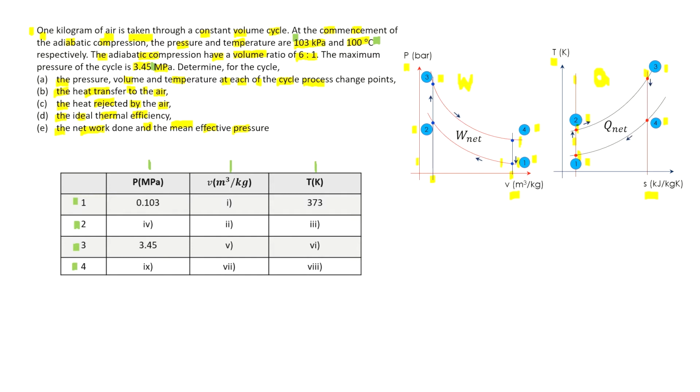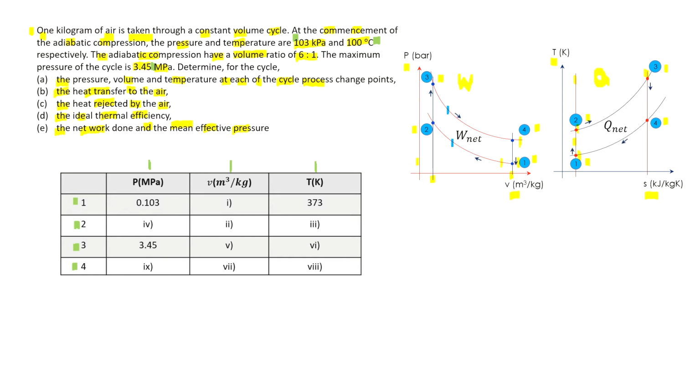Then you have your pressure, because the question says at the commencement of the adiabatic compression. So you have to see which is supposed to be your adiabatic compression. You only have two adiabatic or isentropic processes here, represented by the red lines on the TS diagram.